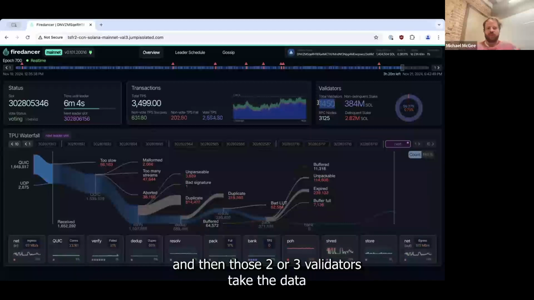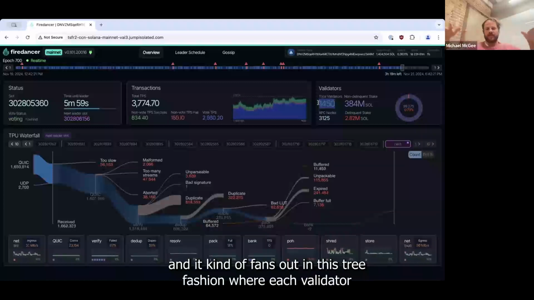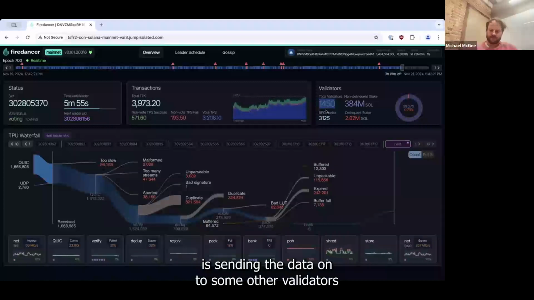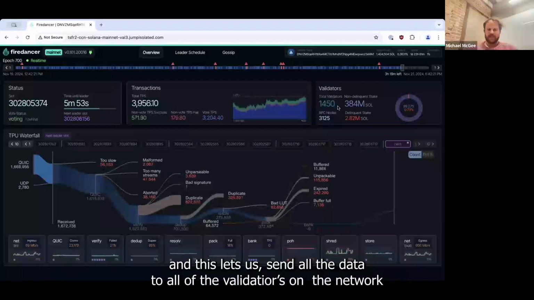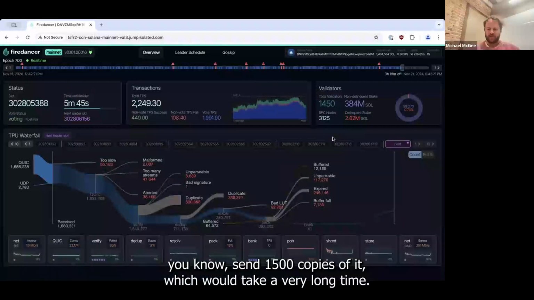Those validators take the data we sent them and forward it on to some other validators. It fans out in a tree fashion, where each validator sends the data on to others. This lets us send all the data to all of the validators in the network so they can verify it very quickly, without us having to send 1,500 copies of it, which would take a very long time.